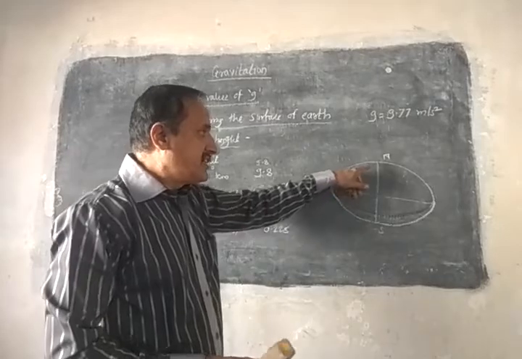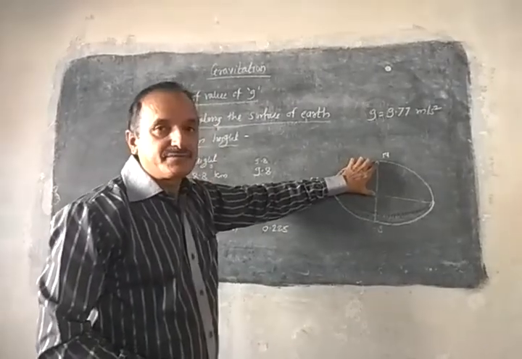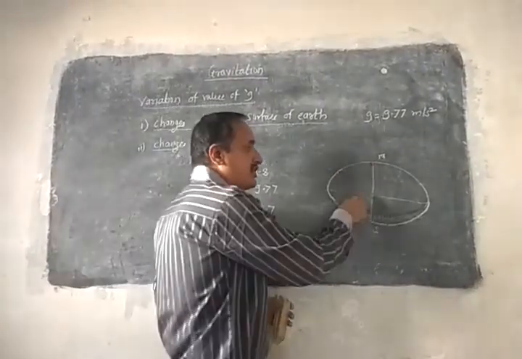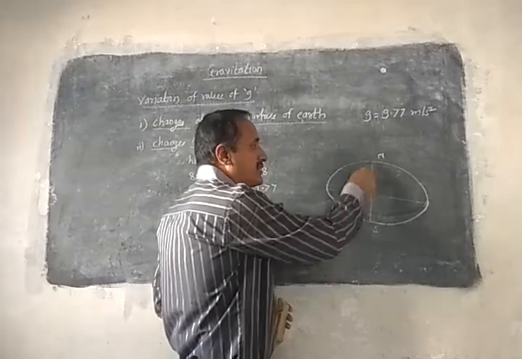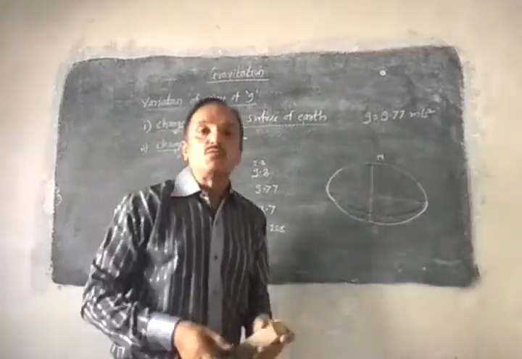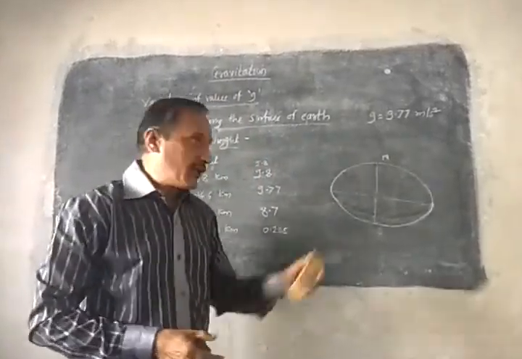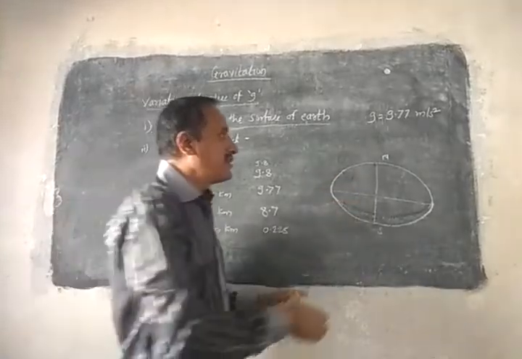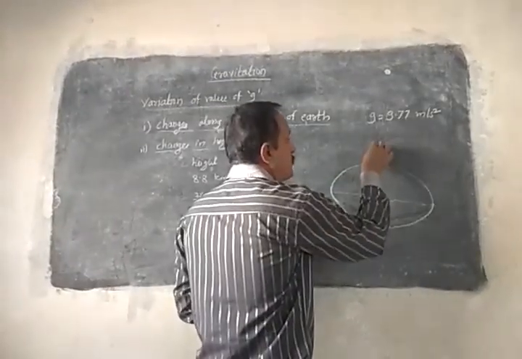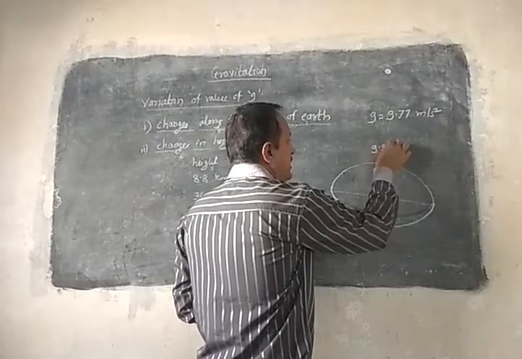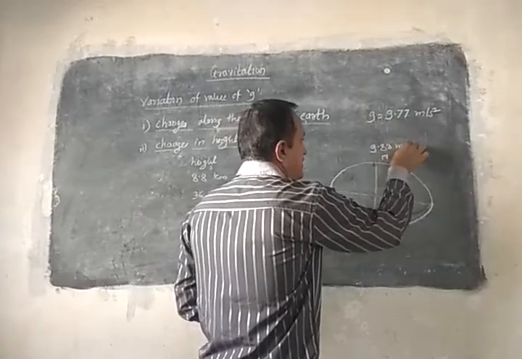It means this distance is less, it is nearer to the center of the Earth. So the gravitational force is more. As gravitational force is more, the value of g is found to be 9.83 meter per second square.